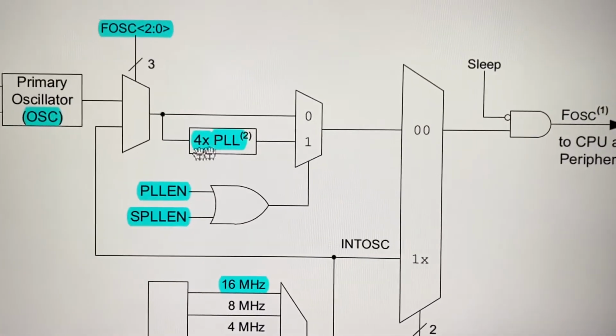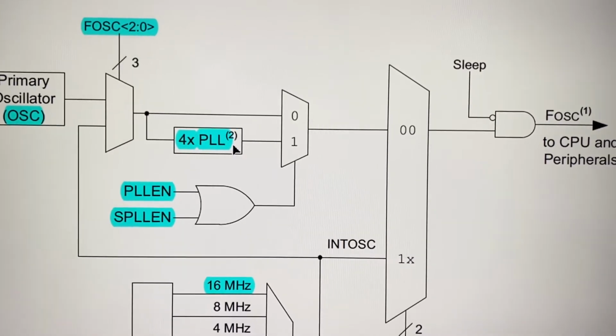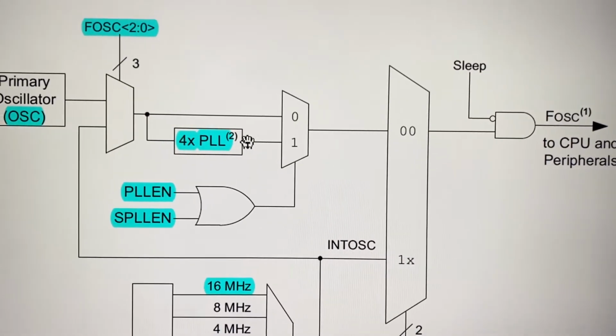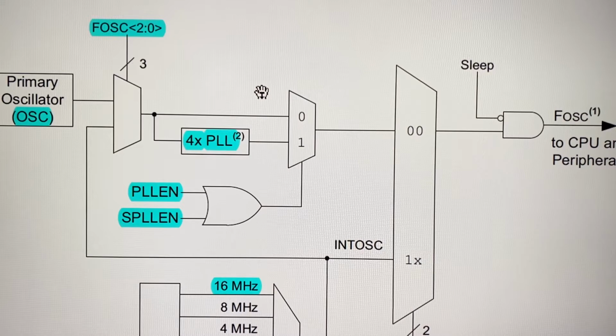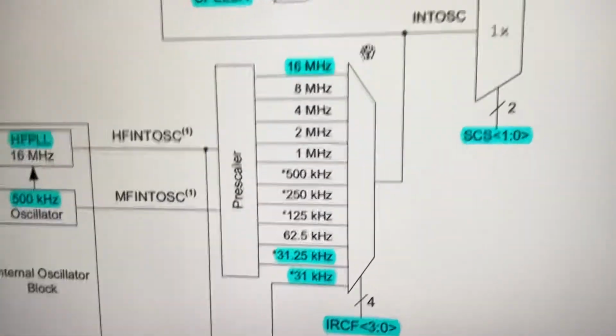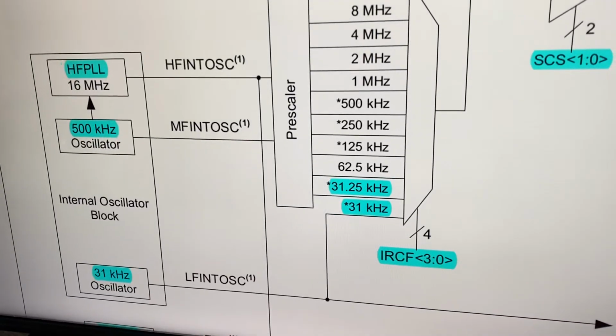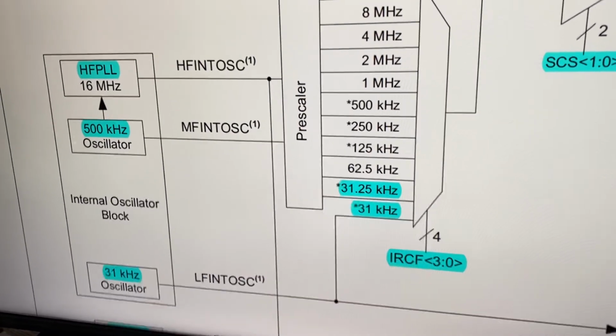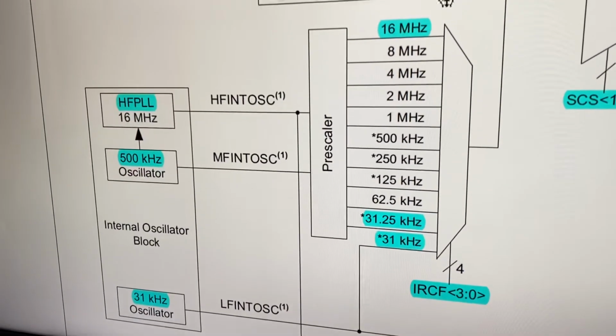So right here you can multiply it, and you can select with this multiplexer right here. You can select via these 2 pins coming from other registers if you want to select this high frequency or the standard frequency.